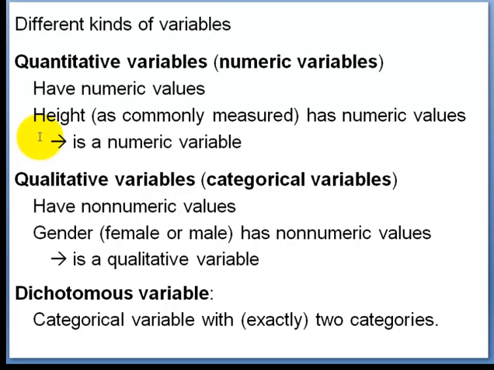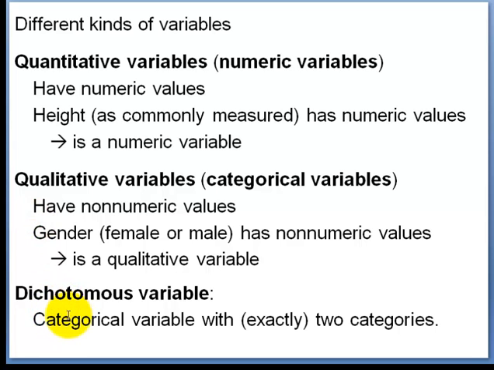Height is an example of a numeric variable or a quantitative variable. On the other hand, gender, female or male, does not have numeric values. Therefore, it's an example of a qualitative variable. So qualitative variables have non-numeric values.